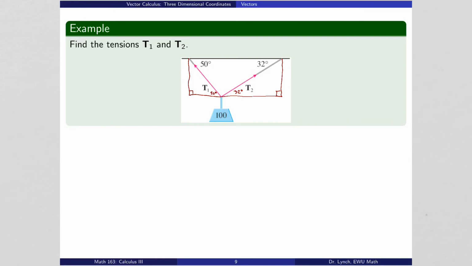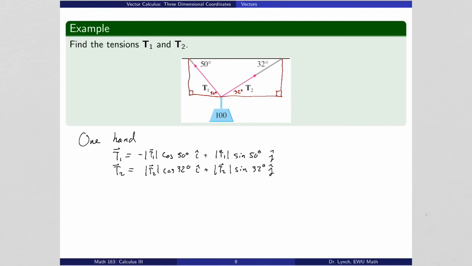In order to get T1 and T2, we'll first break T1 and T2 into components based on their magnitudes in the i and j directions, and then we'll identify a force balance: the sum of T1 and T2 has to balance this 100-pound force.